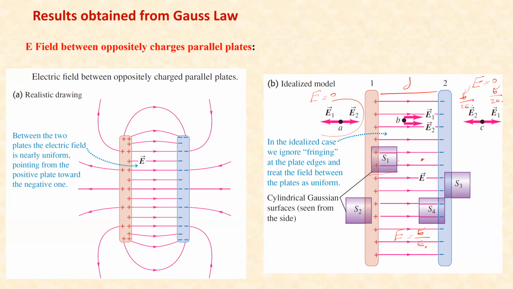Because it's a conductor, you can take a cylindrical Gaussian surface and it gives you the exact same result. So in this case, also, E equals sigma over epsilon naught inside and 0 outside.